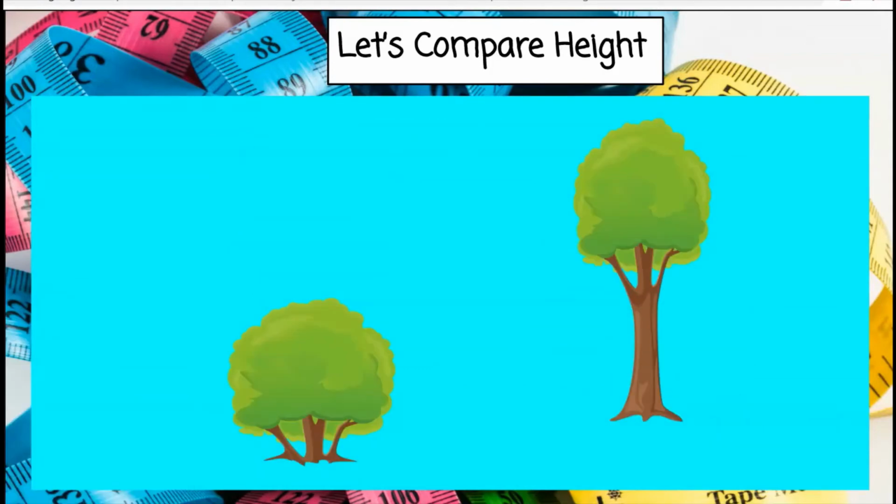Height of some objects. Here we see two trees. I notice the endpoints are not the same. So we can look at the space to see what is shorter than and taller than. So looking at these two trees, which tree is shorter? Your teacher is going to pause the video and decide which tree is shorter.